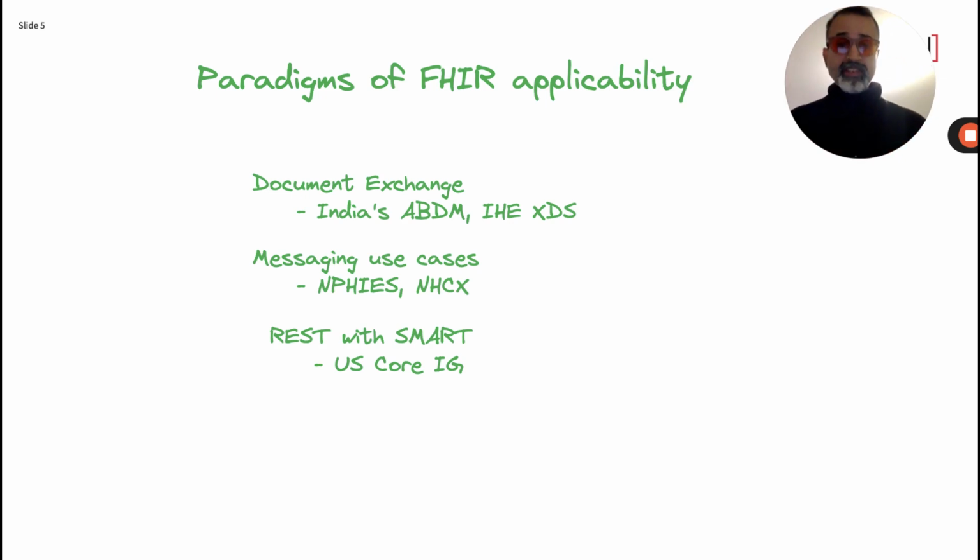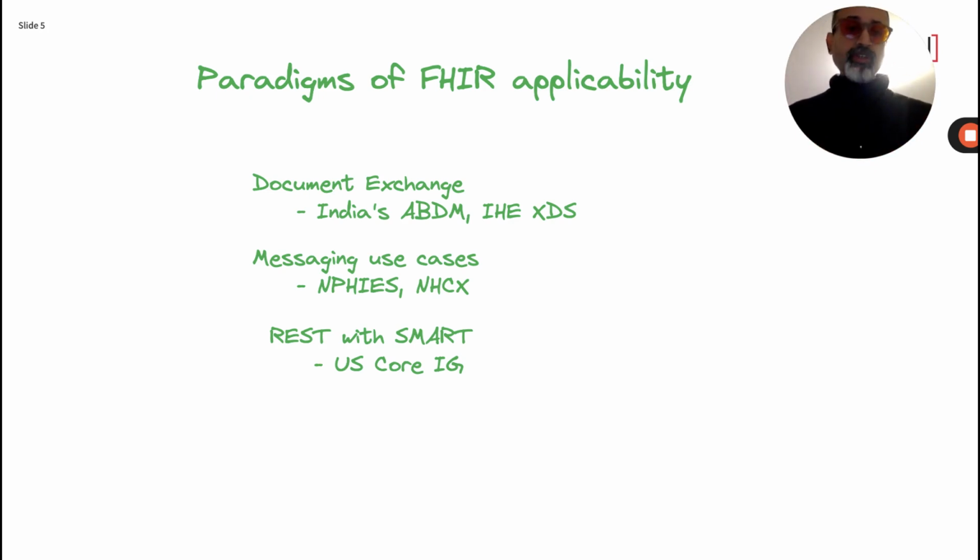The other use cases are messaging use cases. So it is mainly where you send data into a message broker kind of interface, and then you expect something in return.